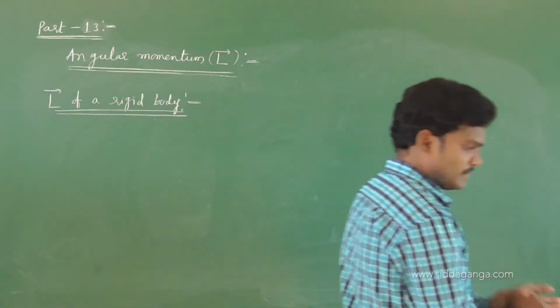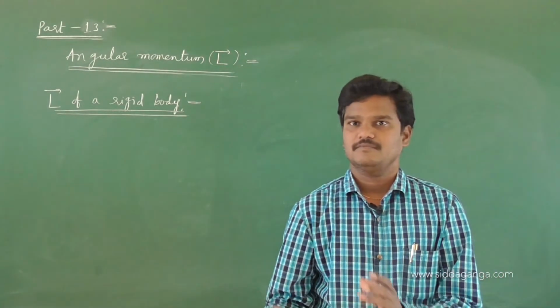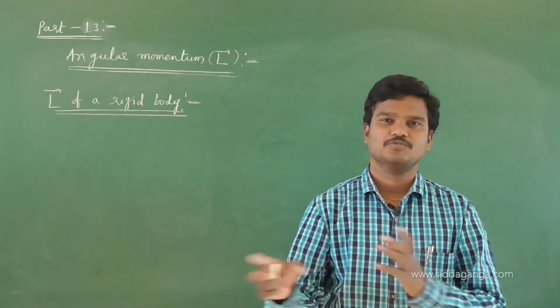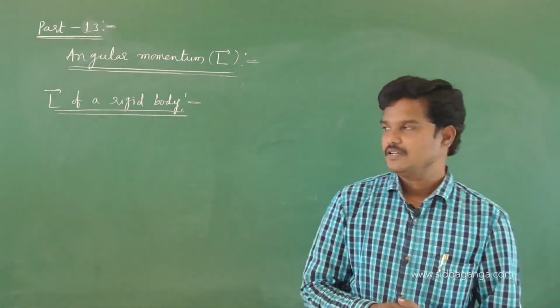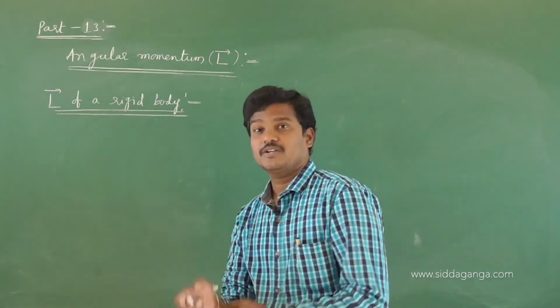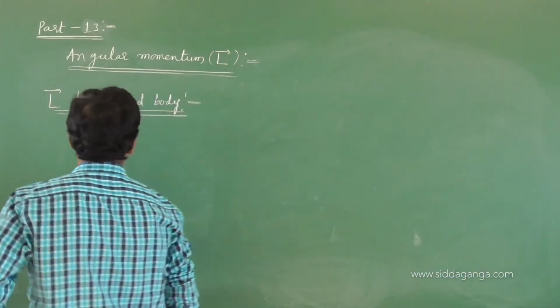So far we know one is torque, the other is angular momentum. Almost both are the same, and directions are also the same. Now let me find the angular momentum of a rigid body. Next I am going to continue with the relation between torque and angular momentum.